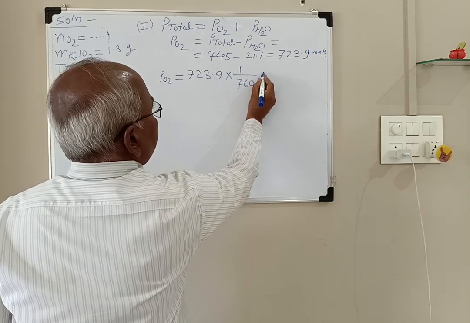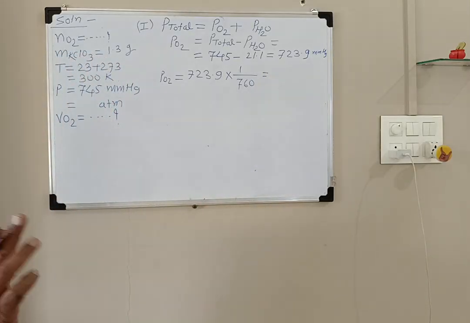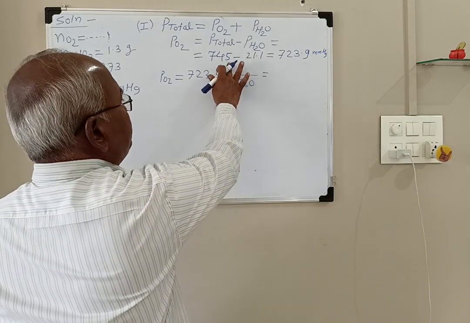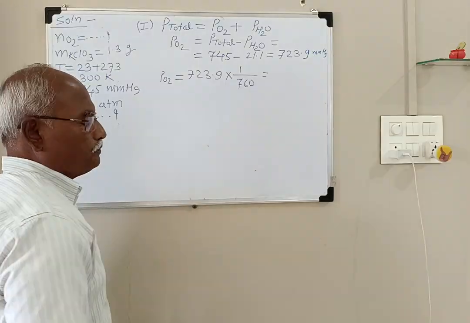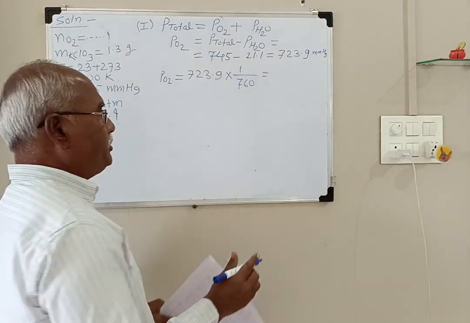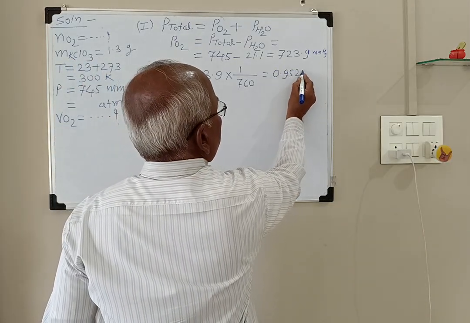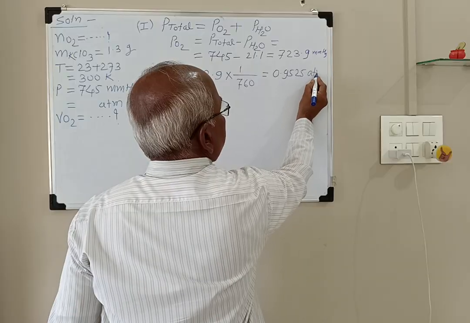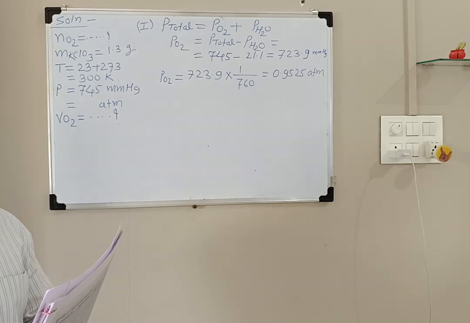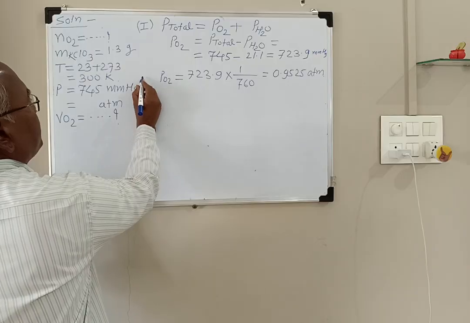We have solved a number of problems of this type: how to convert mmHg into atmosphere? The answer is 0.9525 atmosphere. Solve this by using a calculator. This is the second step.